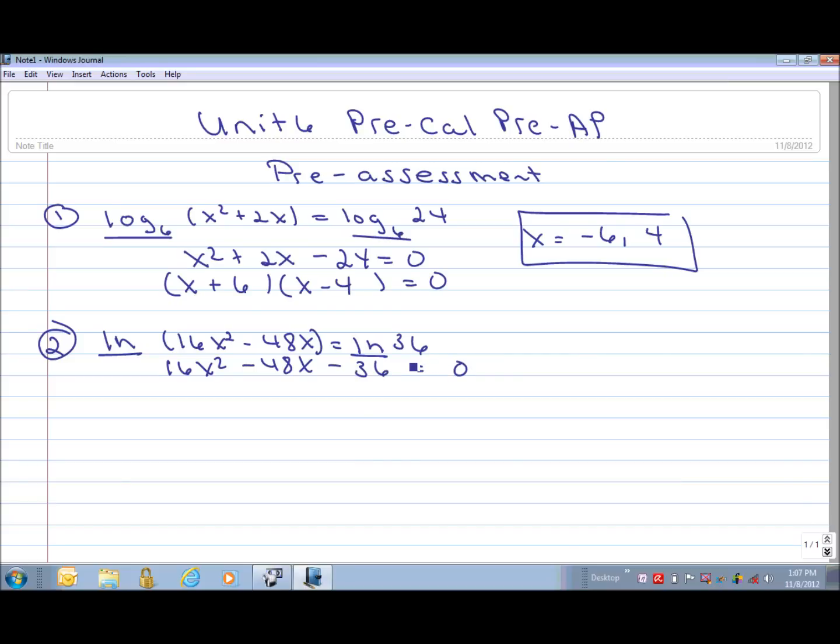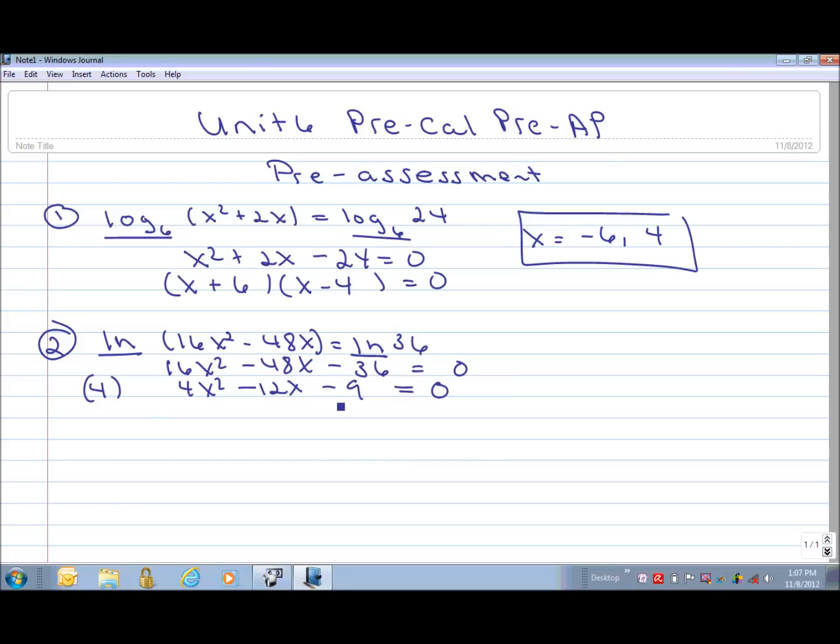We could go ahead and divide everything by 4 in this case. You could just factor out a 4, and when you do, you would have 4x squared minus 12x minus 9 equals 0. And then in this case, we actually will have to use the quadratic formula.